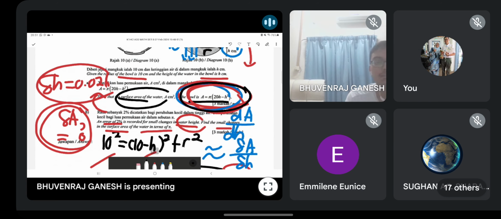Okay, so how you differentiate this? Can anyone tell the answer? Selepas bezakan yang ni, dapat apa? Train your differentiation a bit. What will you get after differentiate? Come on guys, fast. Pembezaan macam ni kena cepat. No time in NMATS. So what you get after you differentiate this?